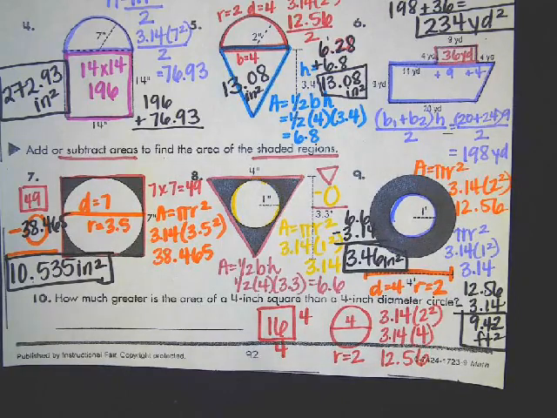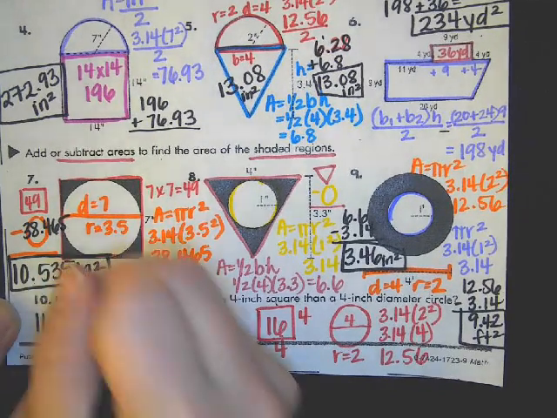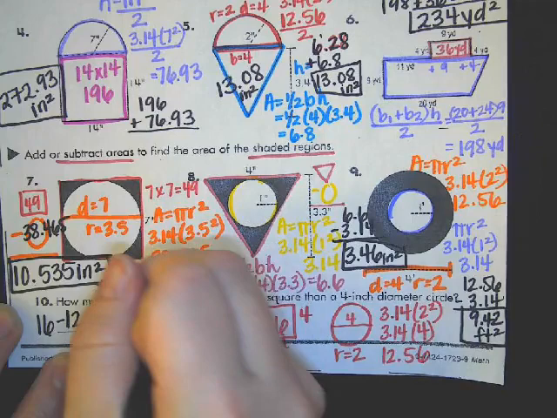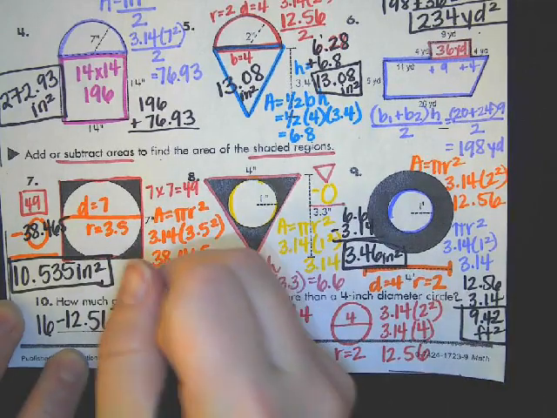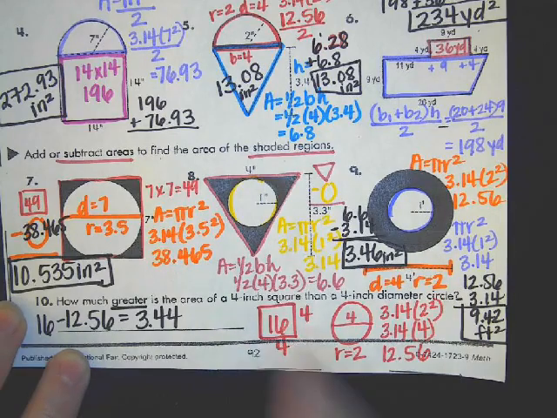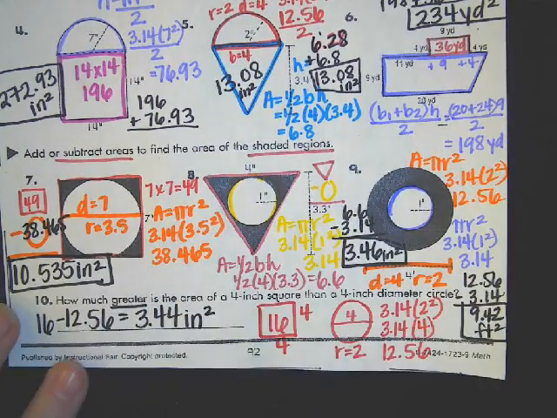If I were to compare them, which one is greater, how much greater, I'm going to need to subtract. So I'm going to say 16 minus 12.56. How much greater? It's going to be greater by 3.44. The unit was inches, and because we're working with area, we know to square it.